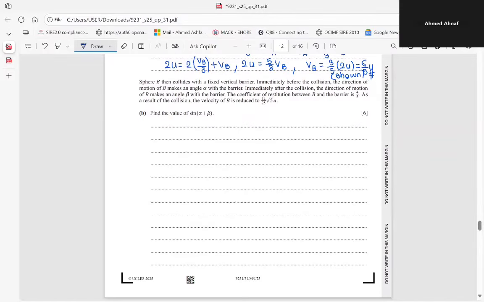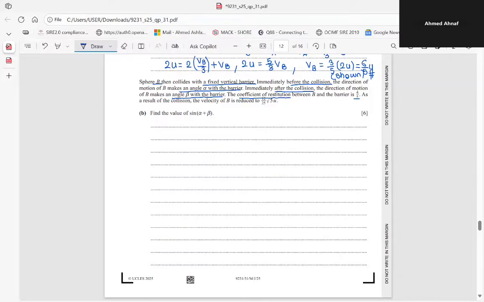Okay, so now we're told that sphere B then collides with a fixed vertical barrier. Immediately before the collision, the direction of motion of B makes an angle alpha with the barrier. Immediately after the collision, the direction of motion of B makes an angle beta with the barrier. And we're told the coefficient of restitution between B and the barrier is 4 over 5.